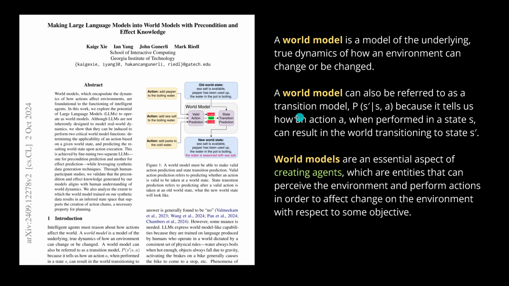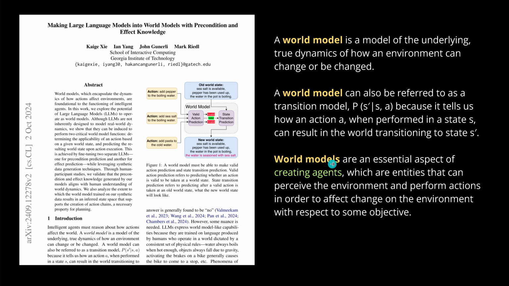It can be referred to as a transition model, because it tells us how an action performed by you as an AI on a particular state S can result in the world transitioning into a new state S dash. This is your position, your velocity, your condition in relation to the environment. And of course, world models are essential for creating your agents, the interaction of your agent with the environment.